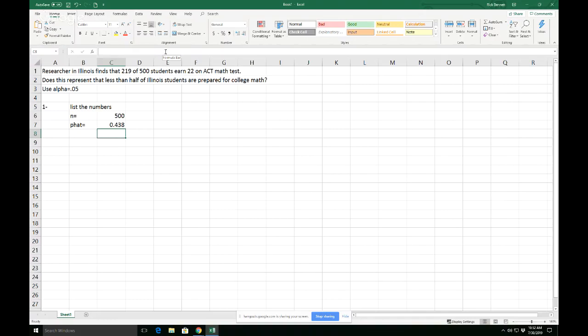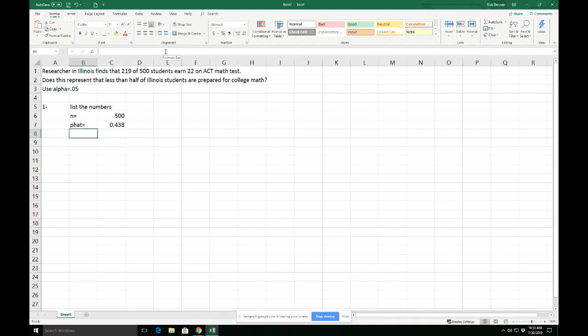It's just background information. 22 means you're prepared for college math. So it's information you need to know to understand this question, but mathematically you don't need it, right? 22 means you pass the test. You don't have to go back and take it. All right. So that's all we have, right?